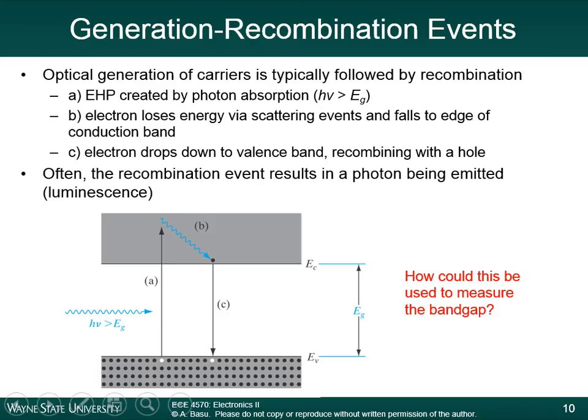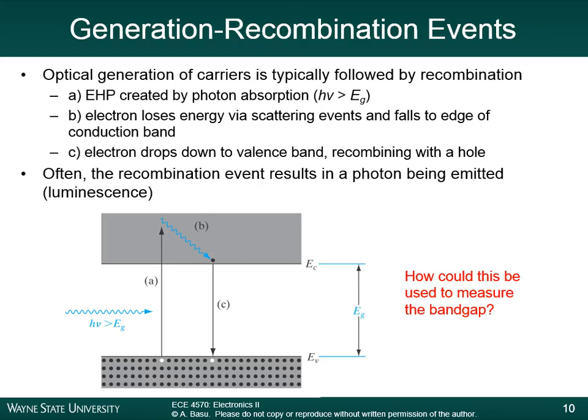So depending on whatever light is being emitted by the material, you're stimulating the material with a certain wavelength of light. And the only requirement here is that the energy of the light has to be greater than Eg. Then what will happen is this recombination event will result in the emission of a photon. And those photons will be emitted with an energy equivalent to the band gap, Eg.